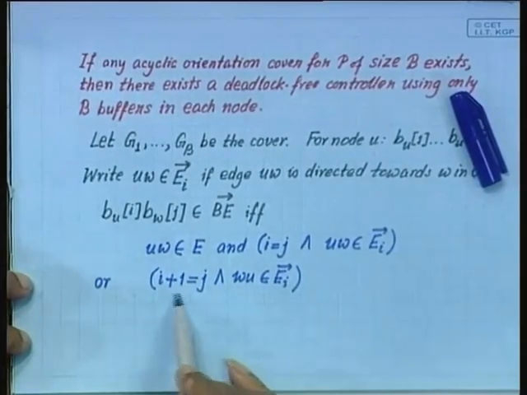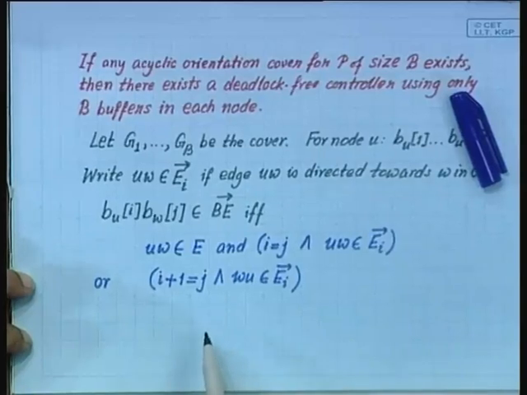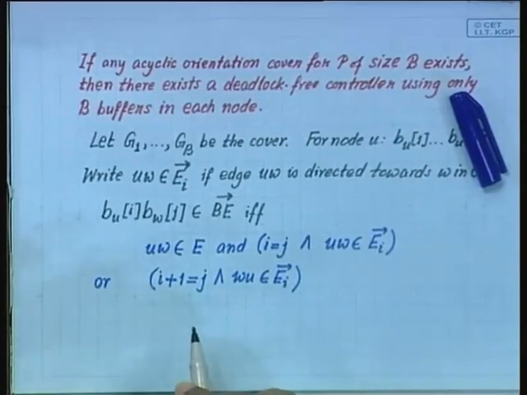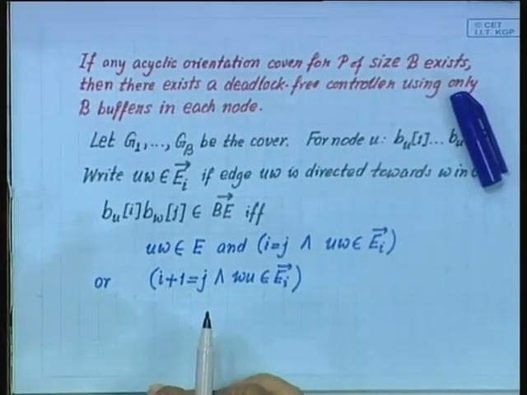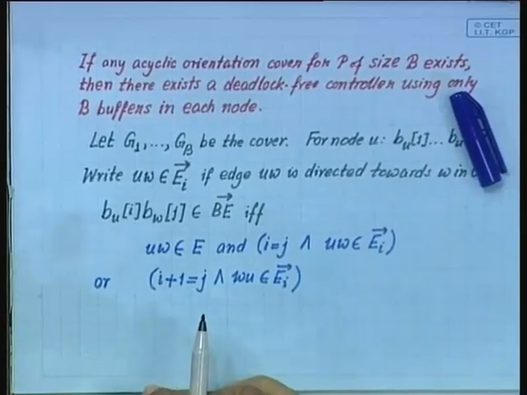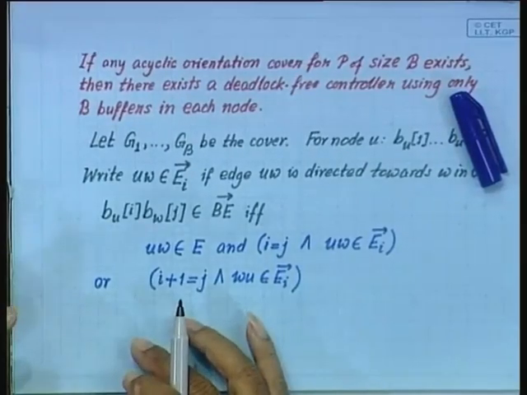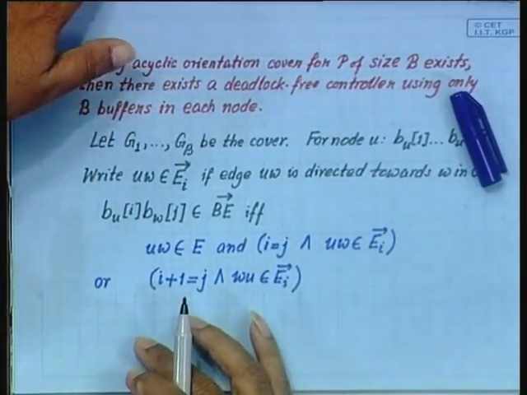So, i plus 1 is j, right. These are the edges that are there in the buffer graph, right. We have to prove that this buffer graph is acyclic. Okay.